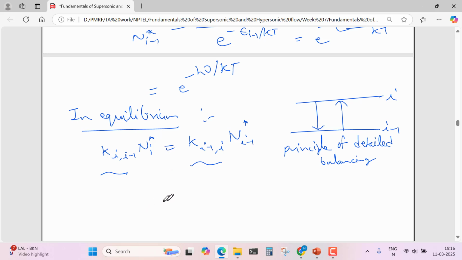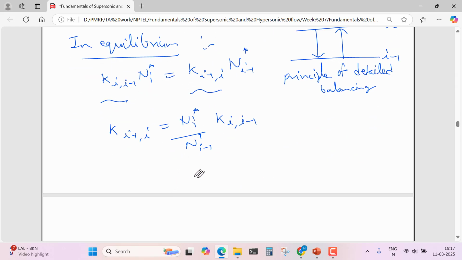So the ratio of K(i-1,i) upon K(i,i-1) will be given by Ni star upon N(i-1) star, and Ni star upon N(i-1) star is given by e to the power minus h nu upon kT, so K(i-1,i) equals e to the power minus h nu upon kT times K(i,i-1).